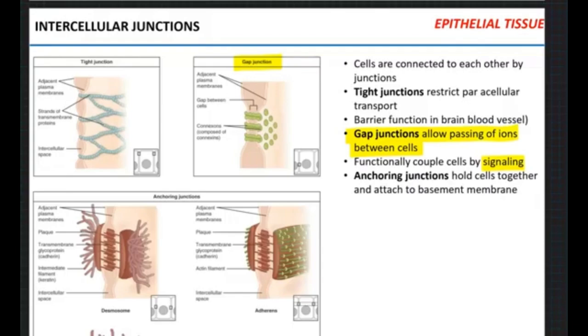And that smell, those vapors, are going to diffuse into the room. In this example, the door is a gap junction. The flow of ions, the passage of ions between the cells is the way for cells to communicate with each other. So the only function of gap junctions is communication.